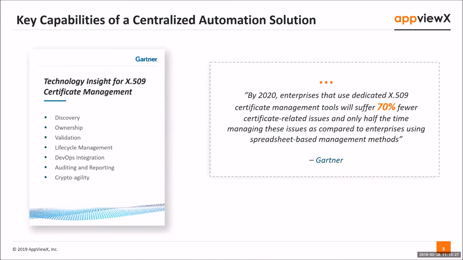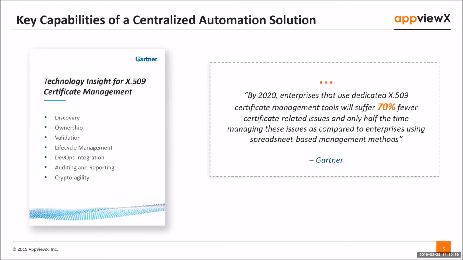In their reports on technology insights, they talk about discovery, ownership, validation, lifecycle management, the DevOps integration, which is the whole new greenfield side of things, auditing and reporting, and then crypto agility. These are the main pillars, what they call in certificate management.